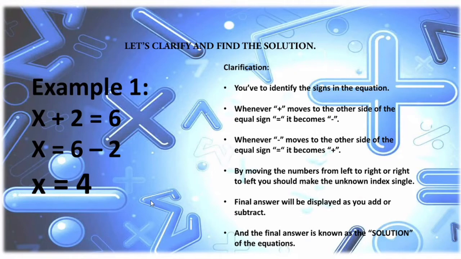Okay, for example, let's say x plus 5 equals 10, then you are going to subtract that plus 5 from this 10. When you subtract 5 from 10, it's going to be 5 again. Then the value of x is 5. So whenever it comes to an equation, the unknown index or the unknown letter contains a value.